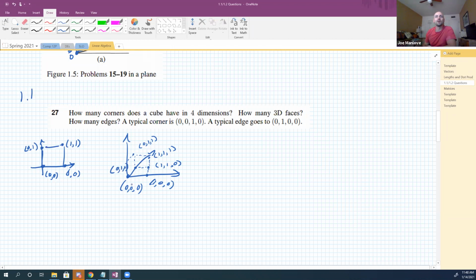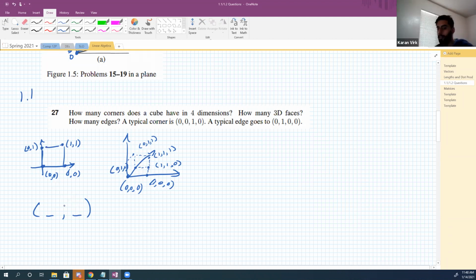But what's going to be the common theme with all these points? These points look like something and something, right? And what's common between these numbers? What can they be on the 2-dimensional square?